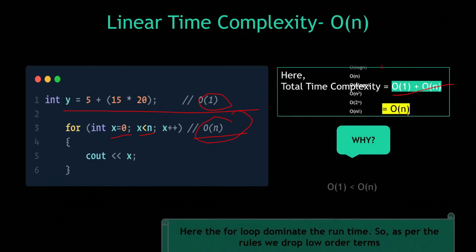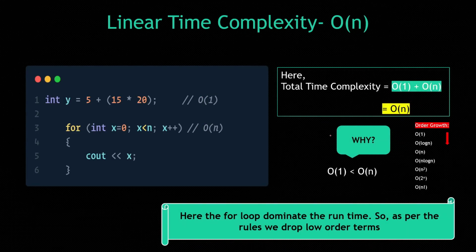But why? Remember the rules, we need to drop lower order terms. Here O(1) is the lower order term and O(n) is the higher order term. Here the for loop dominates the runtime. So as per the rules, we drop lower order terms. So the time complexity of this program will be O(n).